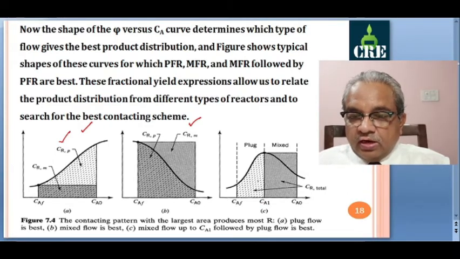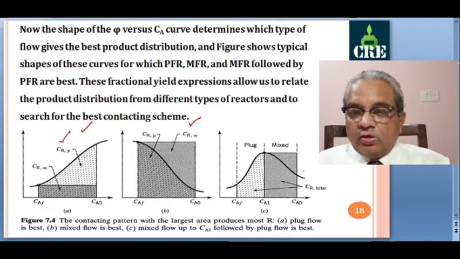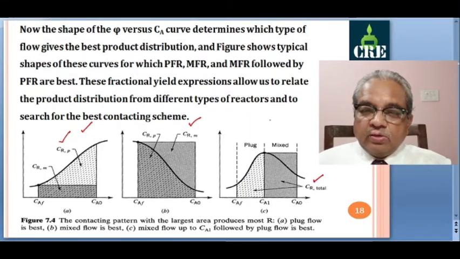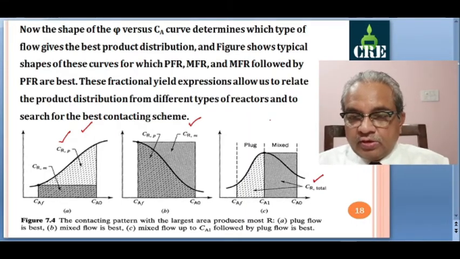So this area under the curve will give you CR, and the total area will give you the CR. So you will have to check different kinds of combinations. You can reverse this order and shift this intermediate so that you can determine the relative sizes.